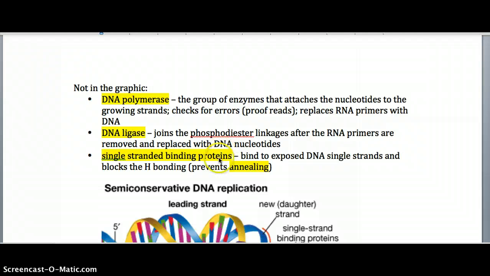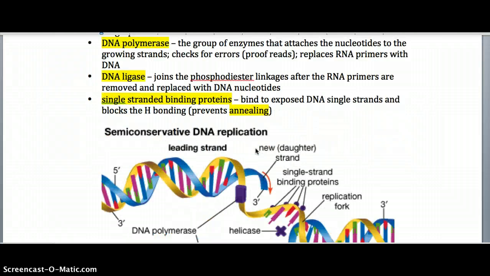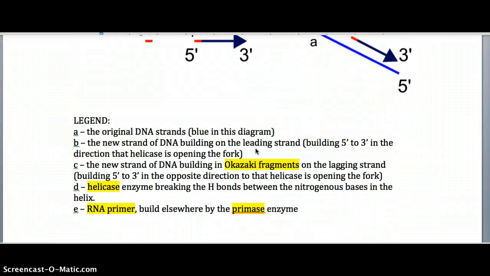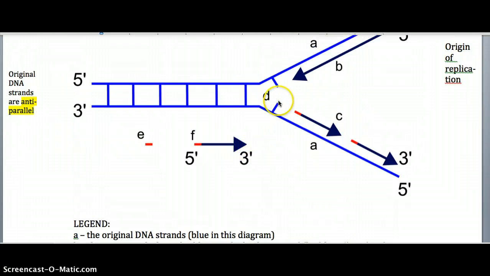The other thing not mentioned in this diagram is the single-stranded binding proteins. And the single-stranded binding proteins are going to come in here, and if we move back up to the diagram, if you have a look, you'll see that helicase has already broken this bond right here. Well, they're still quite attracted to each other, and if nothing holds this spot open, these will hydrogen bond back together again.